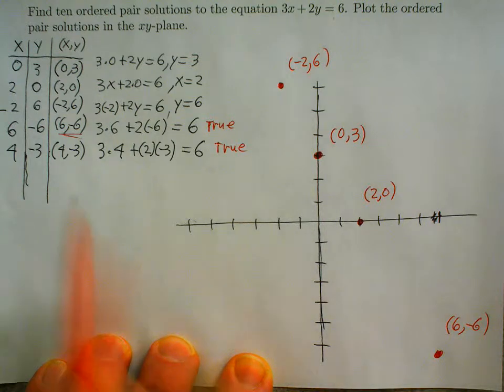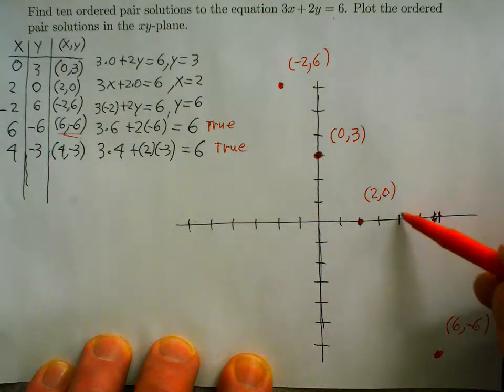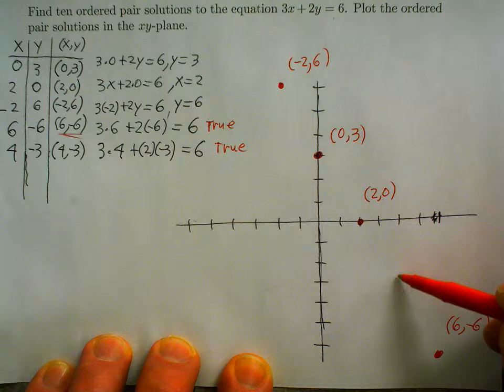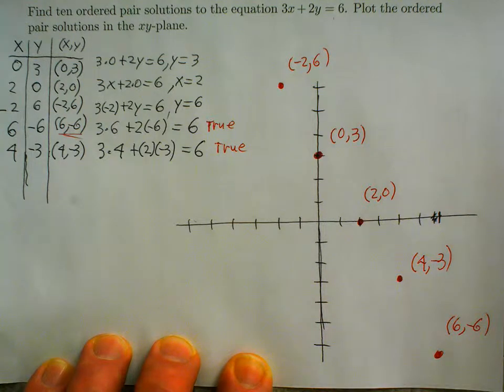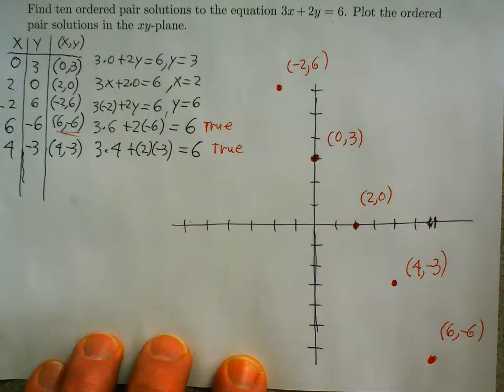And then our next one, (4, -3). Okay. So this is a fairly accurate graph.